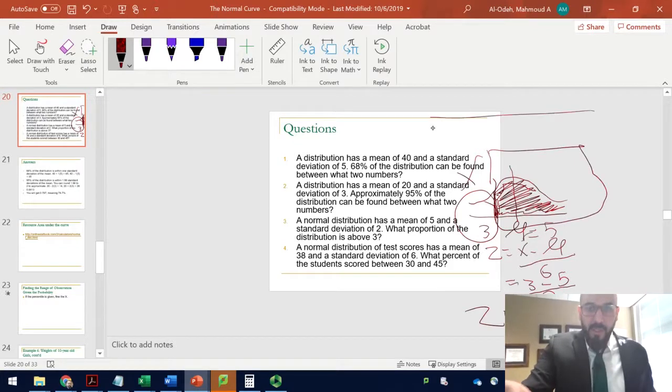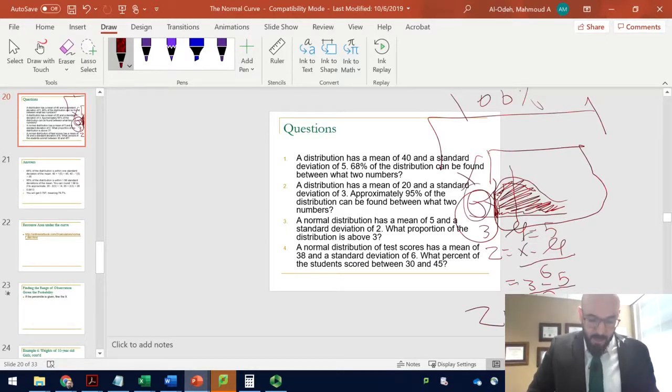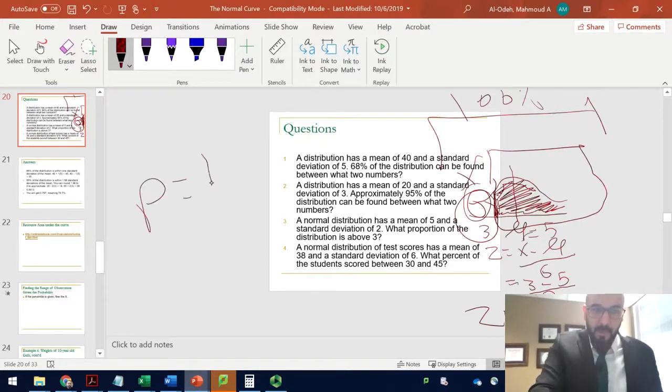Since we know the whole thing is 100% or 1, and we know this small area right here to be 0.1587, the area on the right side, the percentage, would be equal to 1 minus 0.1587.